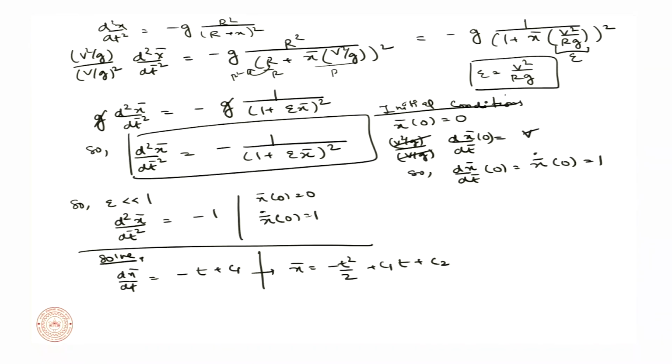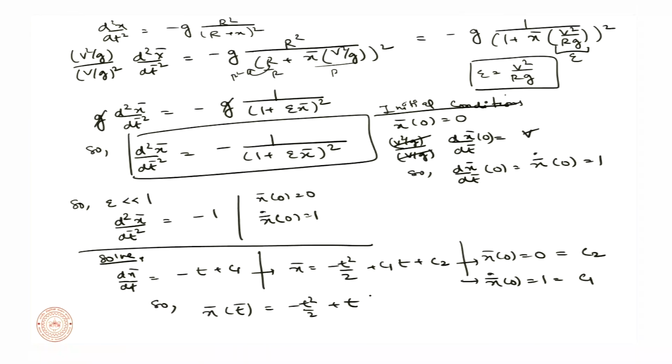Now, if we substitute our initial conditions, at x bar of 0 equals 0, we get c2 equals 0, and x bar dot of 0 equals 1 gives c1 equals 1. So, we have x bar at t bar equal to minus t squared by 2 plus t.